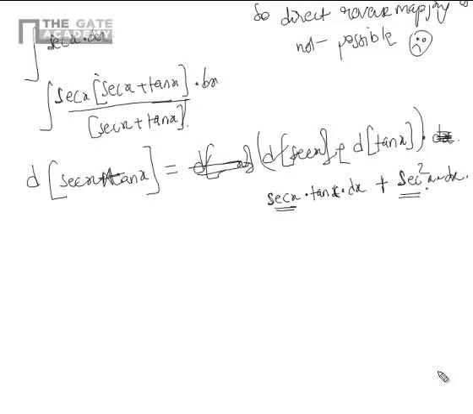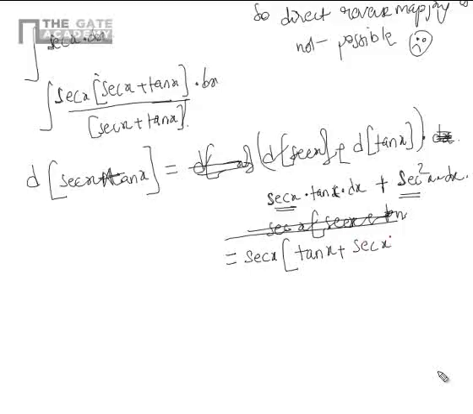If I group and write, I will get secant x into secant x plus tan x dx. And what is this? This is the term sitting in the numerator, and this is the term I started with, sitting in the denominator.